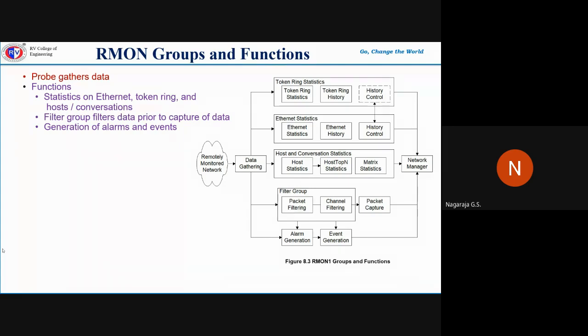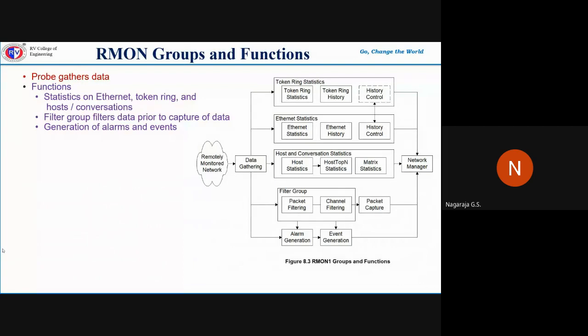Say, for example, when you have 20 hosts, the top n group generates a ranking of the top n hosts, say the top 10 hosts, in the sense that the traffic flow from the top 10 hosts may vary from, say, 1 KB, 2 KB, 3 KB, 4 KB, 5 KB to 10 KB.